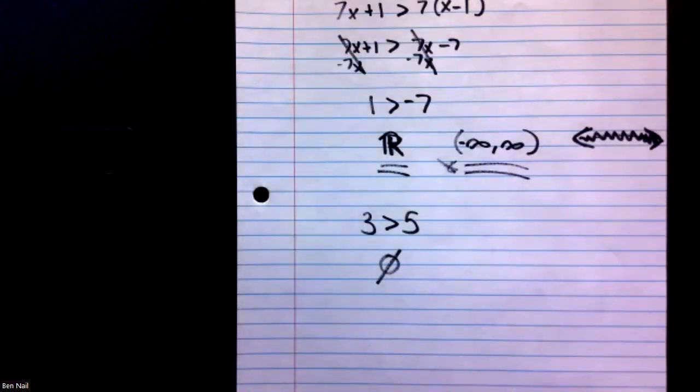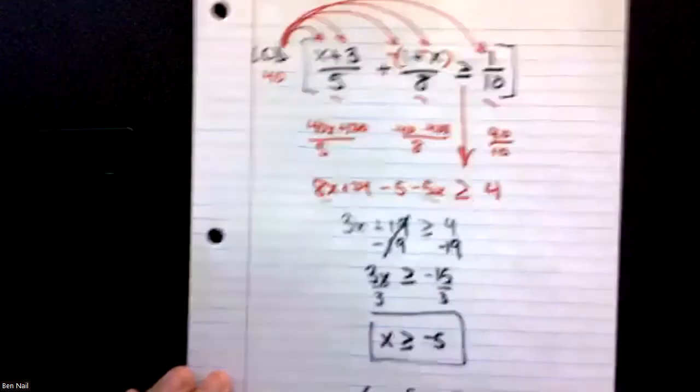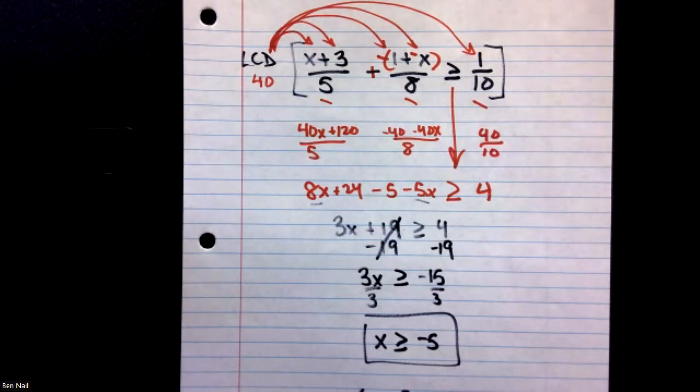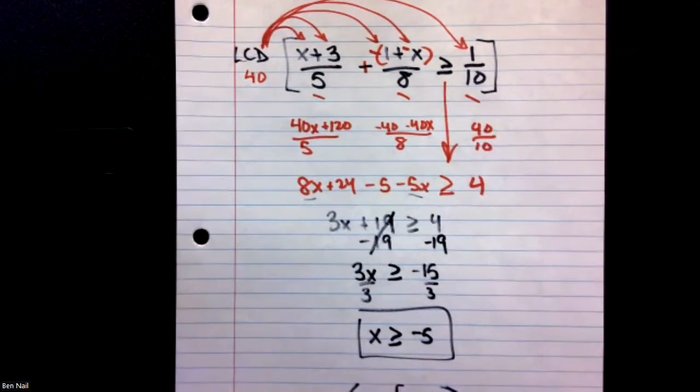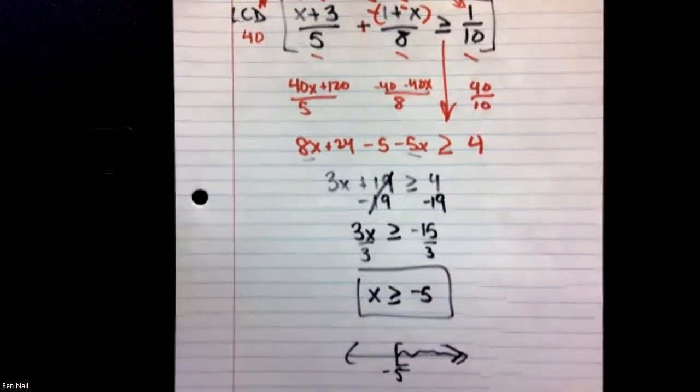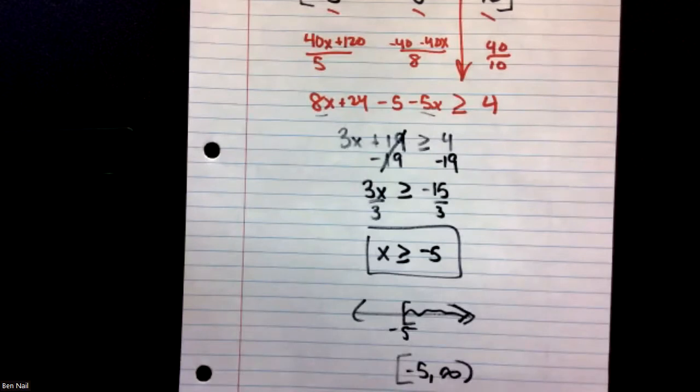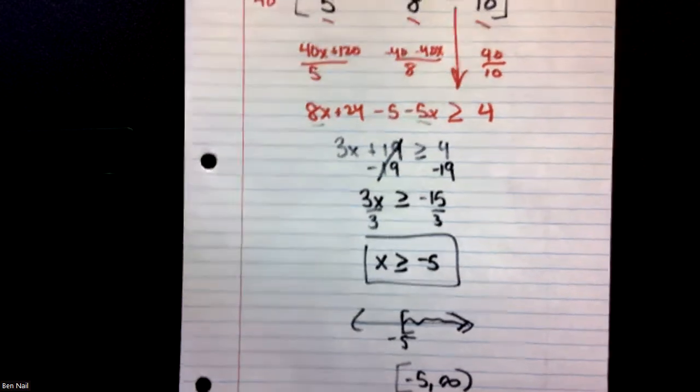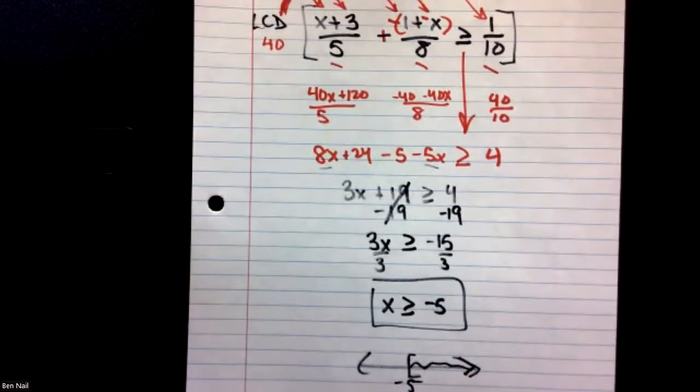Okay, so that's just a couple of things that they will do. So I'm going to again throw back up the ugliest problem they could possibly give you, which is one of these fraction ones. Again, walking through to get rid of the fractions, we multiply by the lowest common denominator. And again, I'm still recording this, so you can go back and watch. Also, I've uploaded a video that has some different examples, so you can go back and watch those as well.